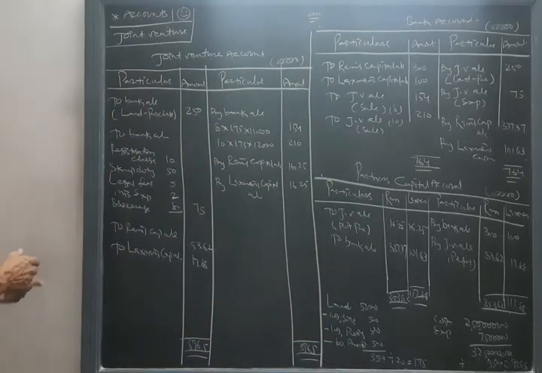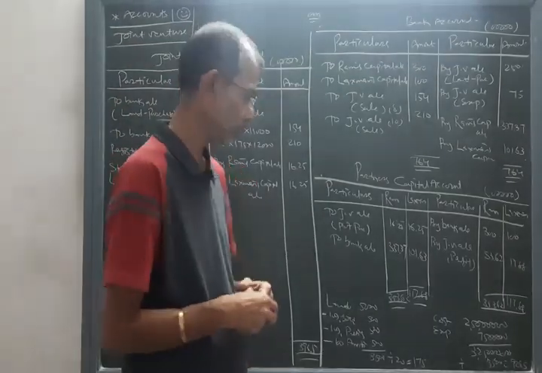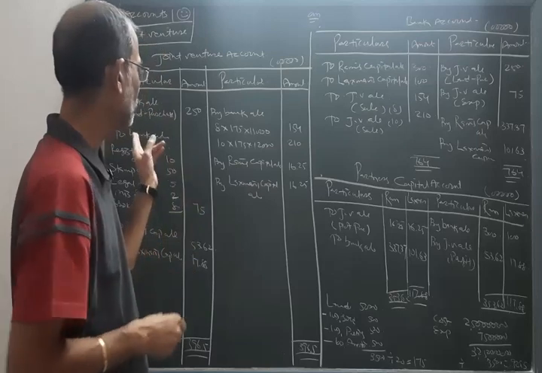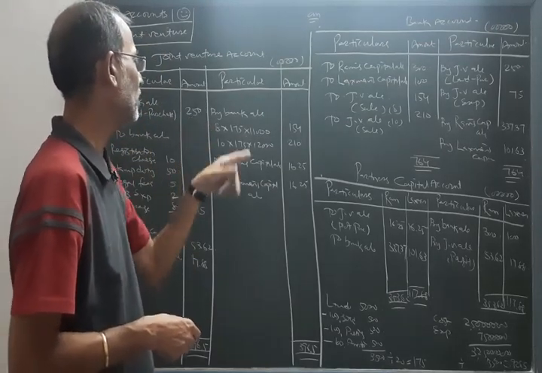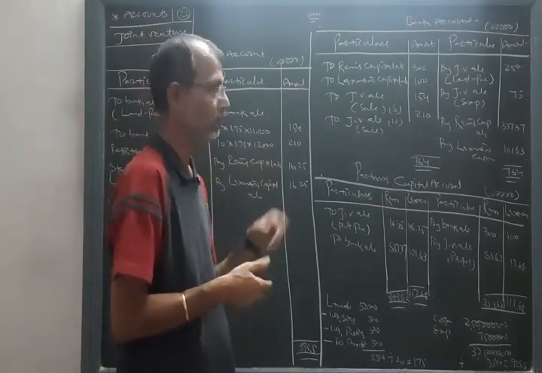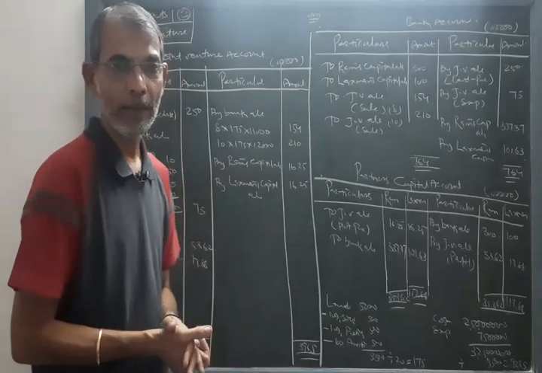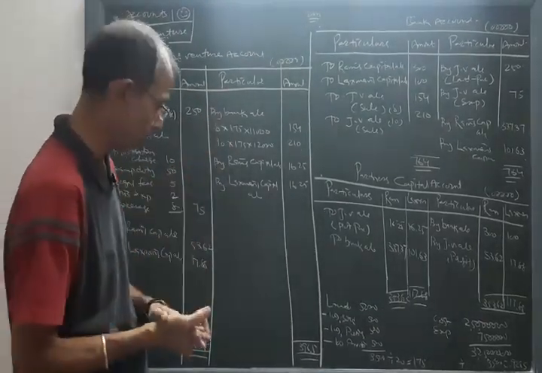Then after they have sold 8 plots at 11,000 per square meter each. So 8 into 175 into 11,000, 154 on the credit side of the joint venture, while on the debit side of the bank account. Now there is a question how it came to 175.